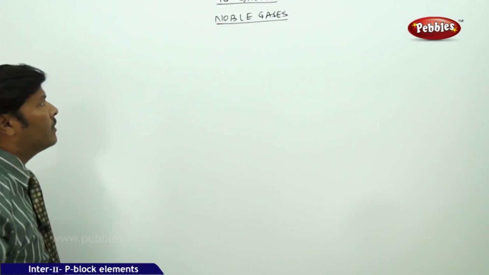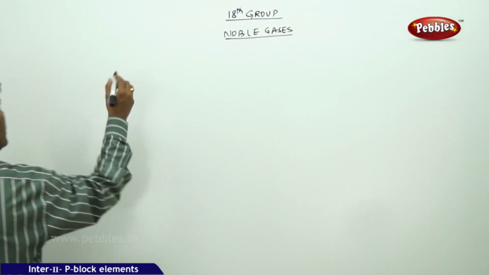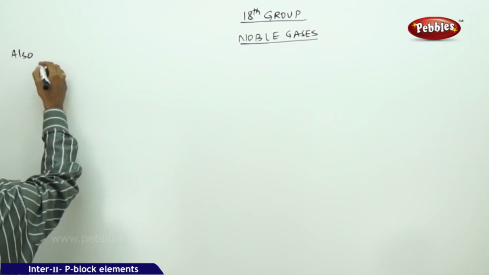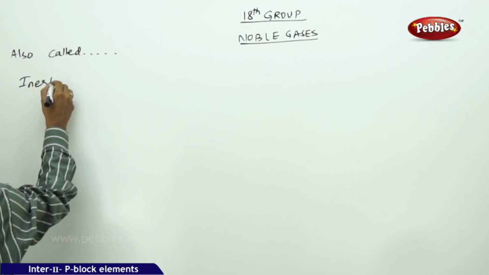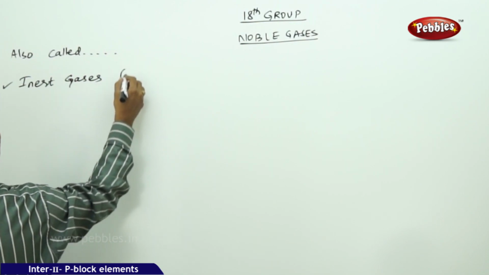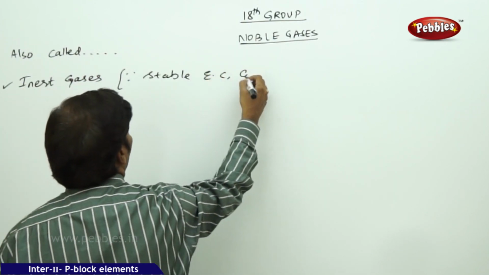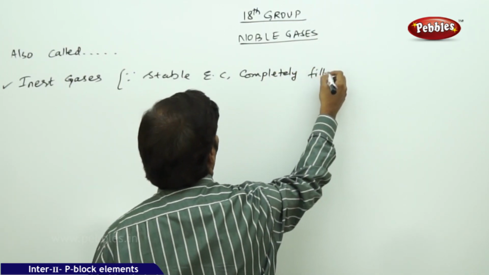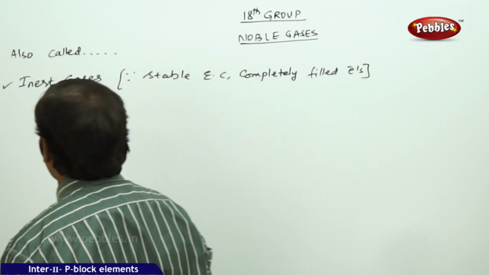So let us go to the next chapter, that is the 18th group, noble gases. They are also called inert gases because of their stable electronic configuration, that is completely filled electrons in their orbitals.